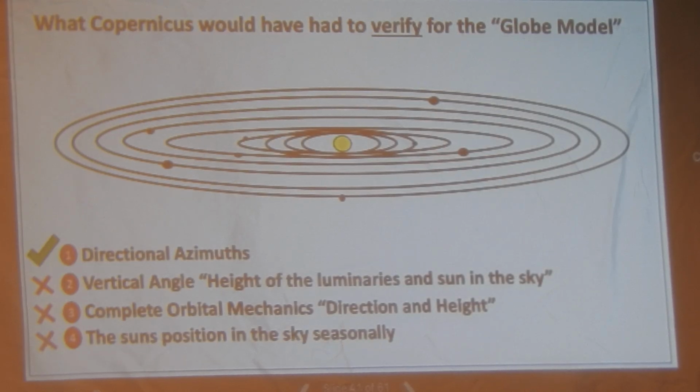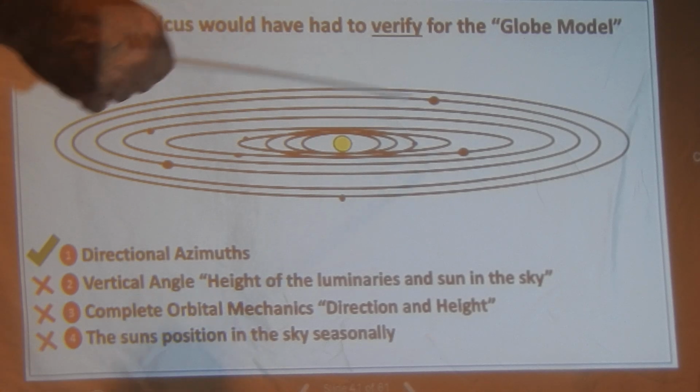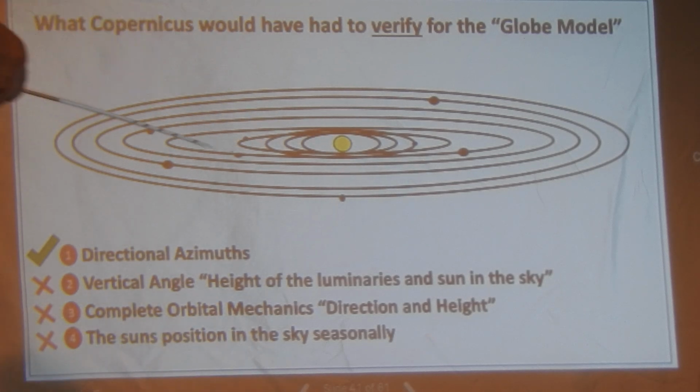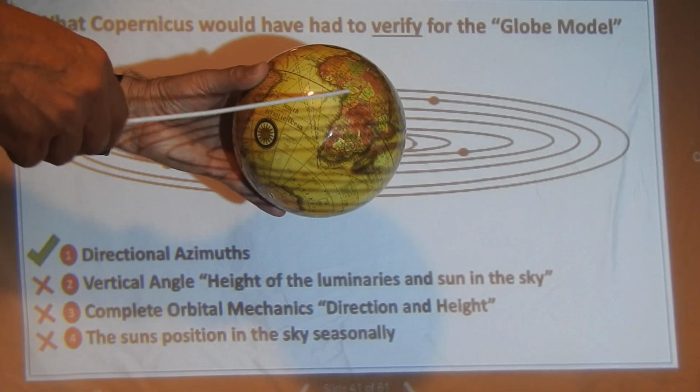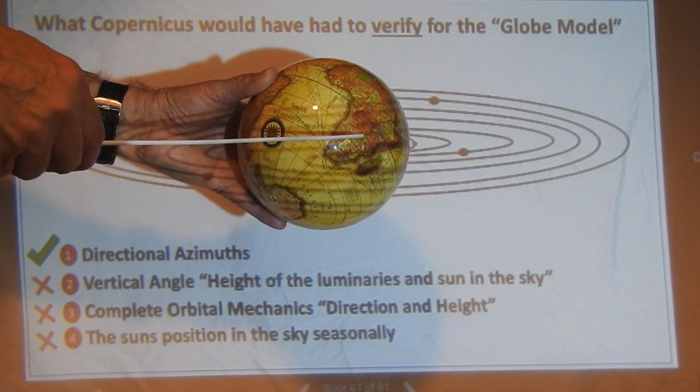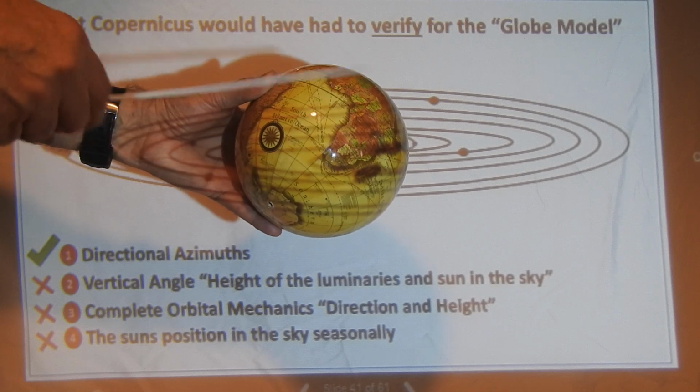This builds into what Copernicus would have had to do, because the sun is the center celestial body, and the Earth and the other luminaries are said to be orbiting around it in this model, the heliocentric model. If we take a look at any globe model, it always has these lines: the equator, Tropic of Cancer in the north, and Tropic of Capricorn in the south.